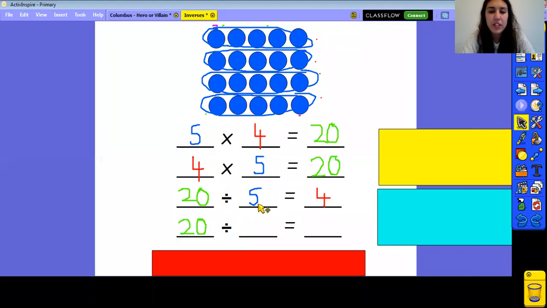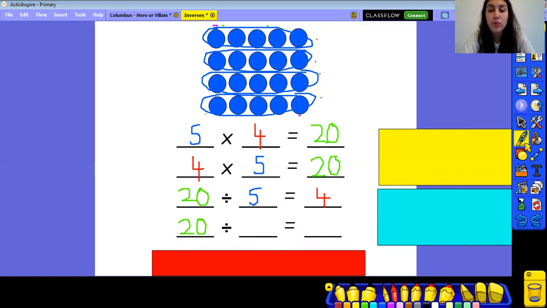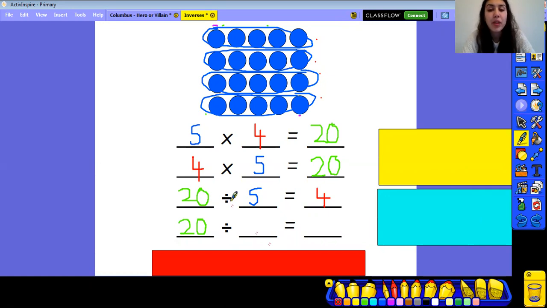Now, even though division can show us both sharing and grouping, what's really interesting about arrays is that they show us both ways of grouping at the same time. So here we've grouped them into 5s, but we could also group them into 4s. There we go.